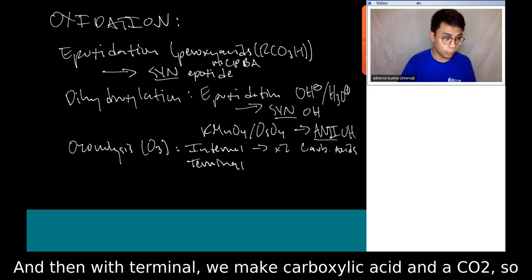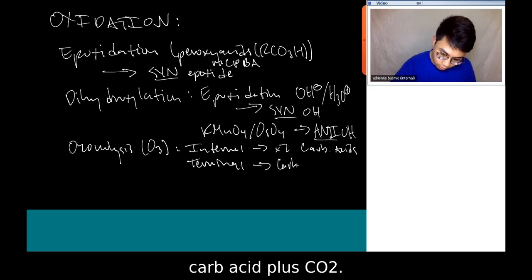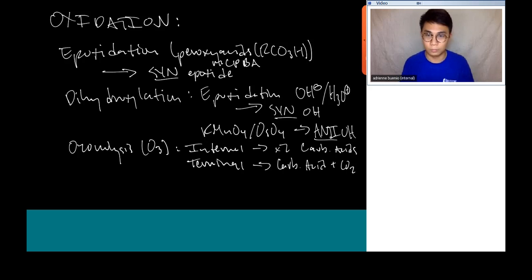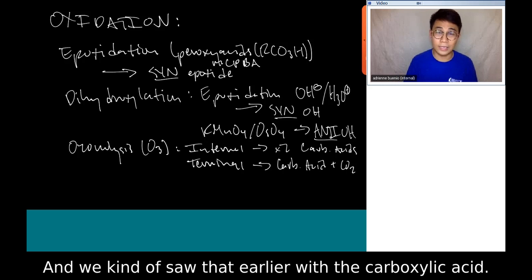And then with terminal, we make carboxylic acid and a CO2. So carboxylic acid plus CO2. So yeah, and we kind of saw that earlier with the carboxylic acid, right?